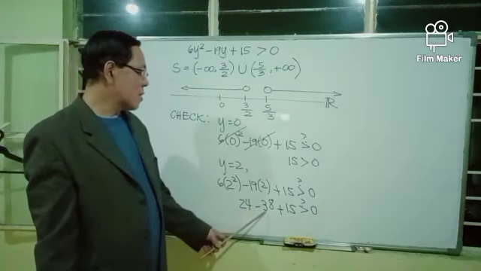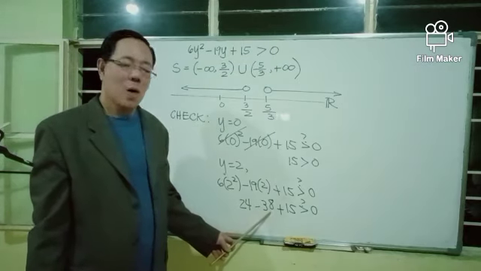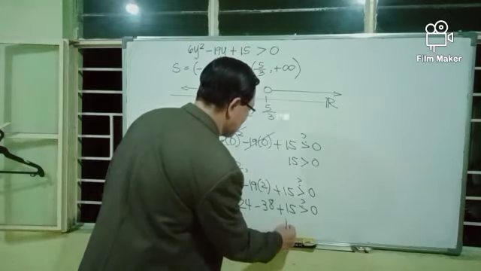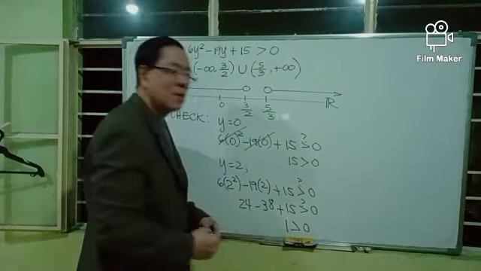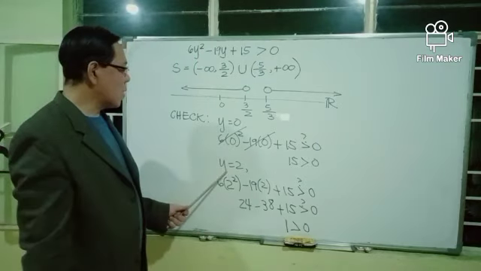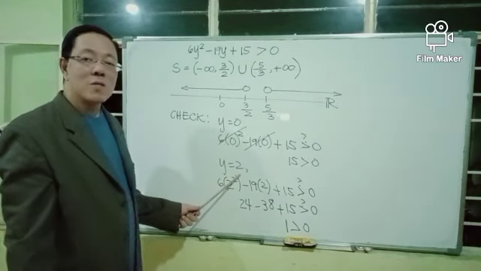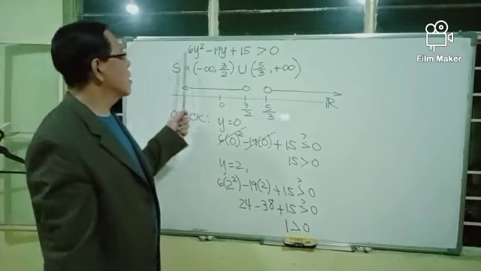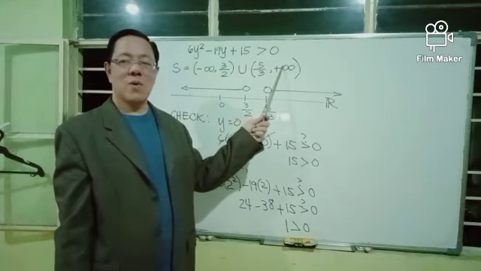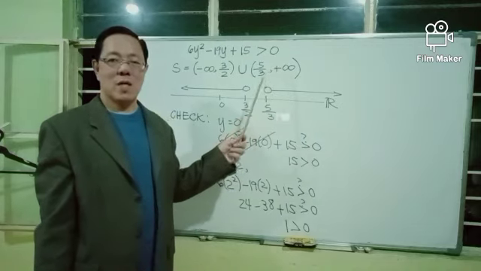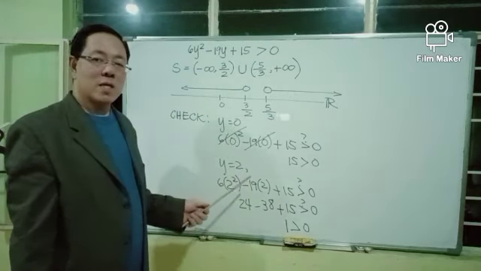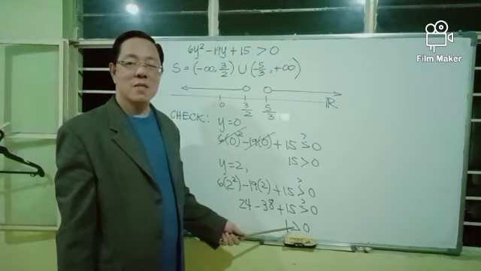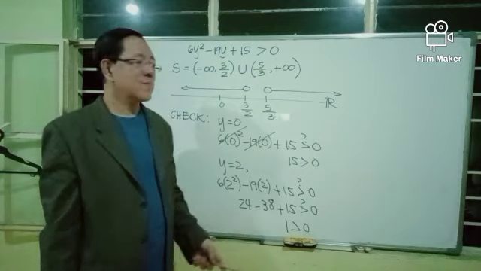And 39 minus 38 is 1. And 1 is greater than 0. Thus, we conclude that y equals 2 is also a solution of this quadratic inequality because it satisfies this quadratic inequality. That is, when we substituted 2 for y, we get a number 1 that is greater than 0 or positive.